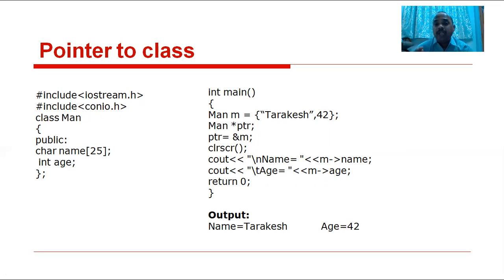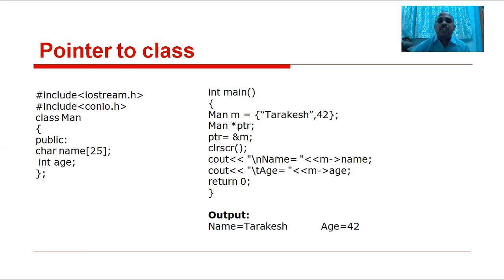A pointer object is also a memory object. It holds the address of another object. A pointer variable is a variable that holds the address of another variable.